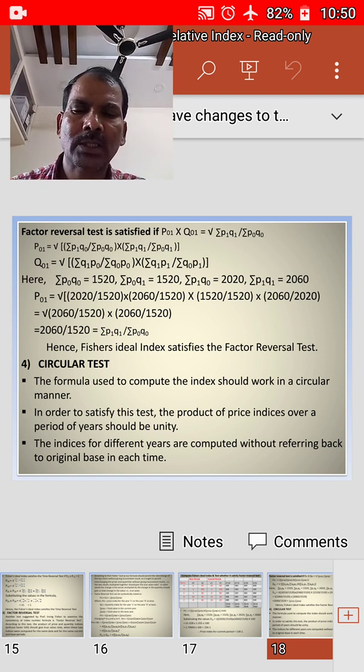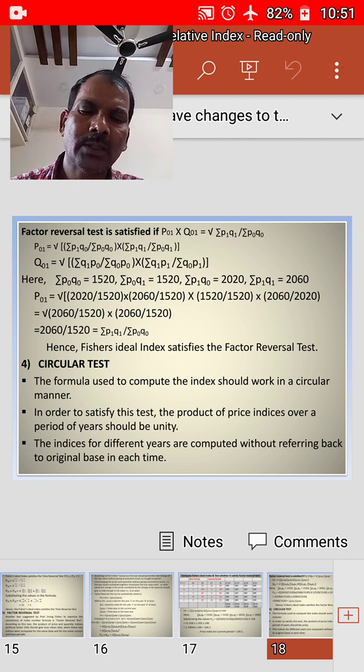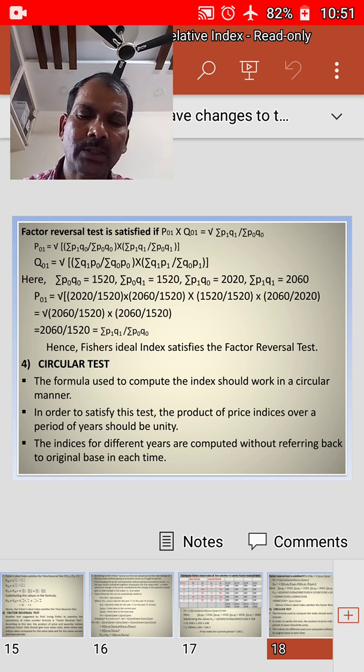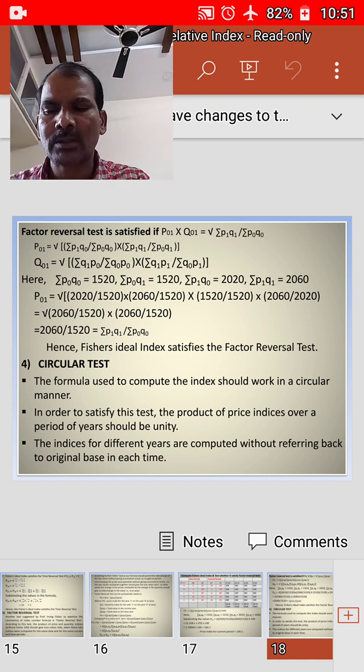The circular test suggests that if an index is computed for year A on the basis of year B, for year B on the base year C, and for year C on the base year A, the product of all these indices should be unity. For example, there are three indices such as P01, P12, P20. The circular test is said to be satisfied if P01 into P12 into P20 is equal to 1.